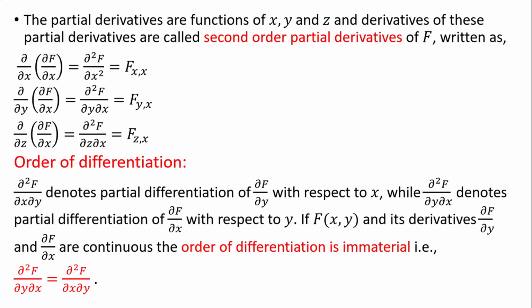Similarly, the partial derivative of ∂f/∂x with respect to y is ∂/∂y of ∂f/∂x, which is equal to ∂²f/∂y∂x, equal to f_yx. And the partial derivative of ∂f/∂x with respect to z is ∂/∂z of ∂f/∂x, which is equal to ∂²f/∂z∂x, equal to f_zx.